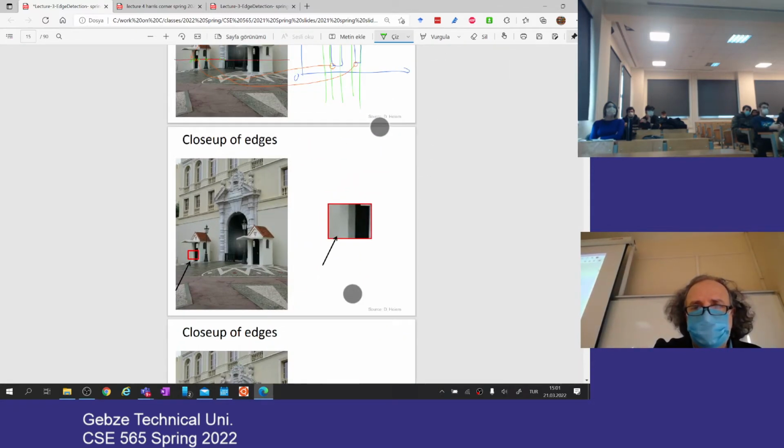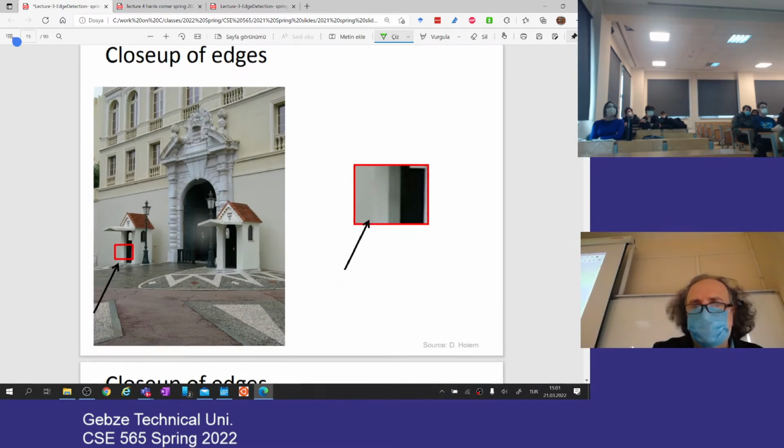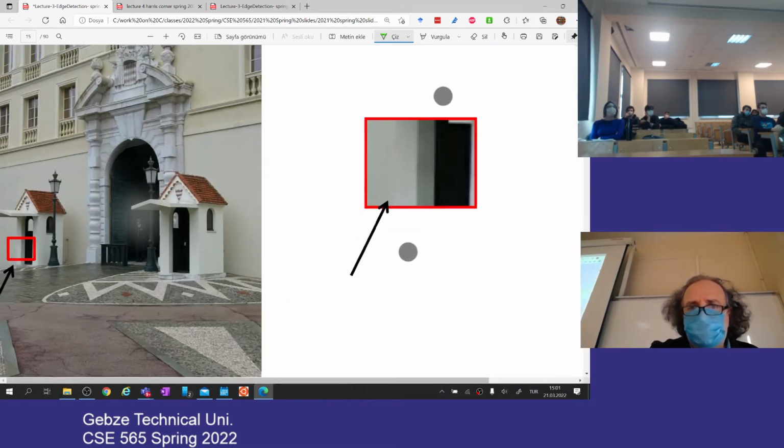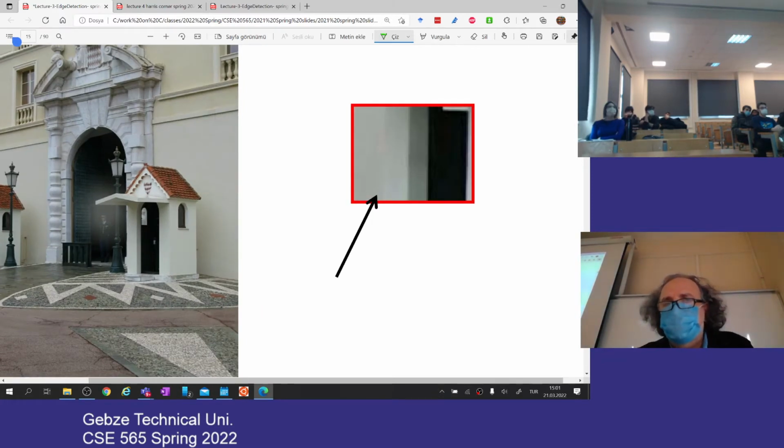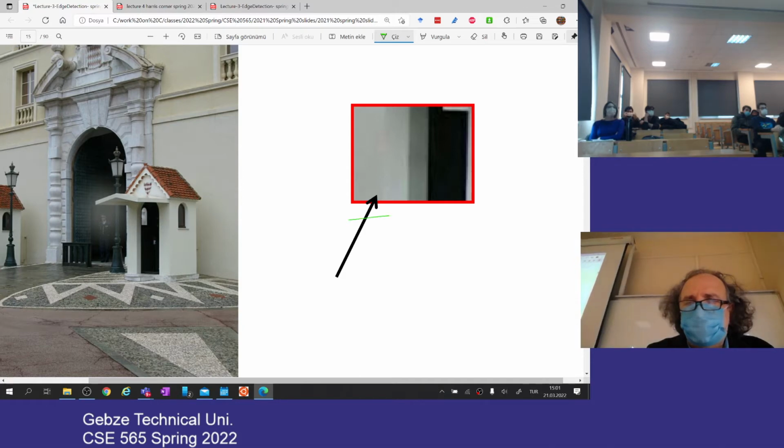Okay, so basically, this guy takes this part and zooms in, and let's say I am going to draw the same thing. Let's say this is my x dimension and this is my y dimension, and let's say this is 255, 0.